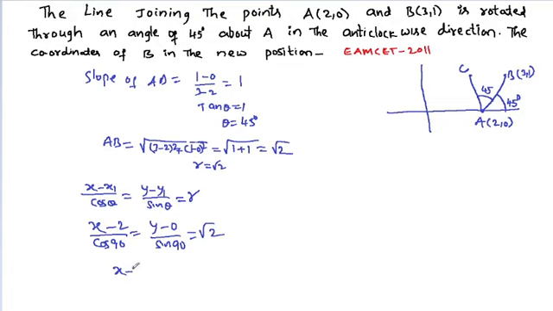Therefore x minus 2 is equal to cos 90 into root 2, that is equal to 0. X is equal to 2 and y by sin 90, which is 1, that is y by 1 is equal to root 2. Y is equal to root 2. Therefore the coordinates of C, x comma y, is equal to 2 comma root 2.